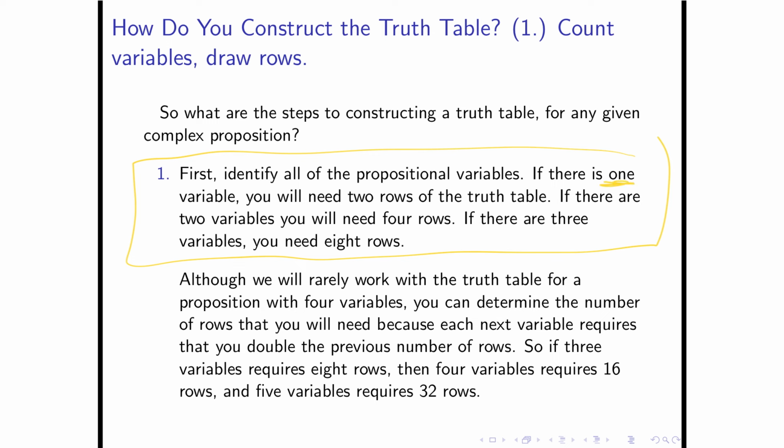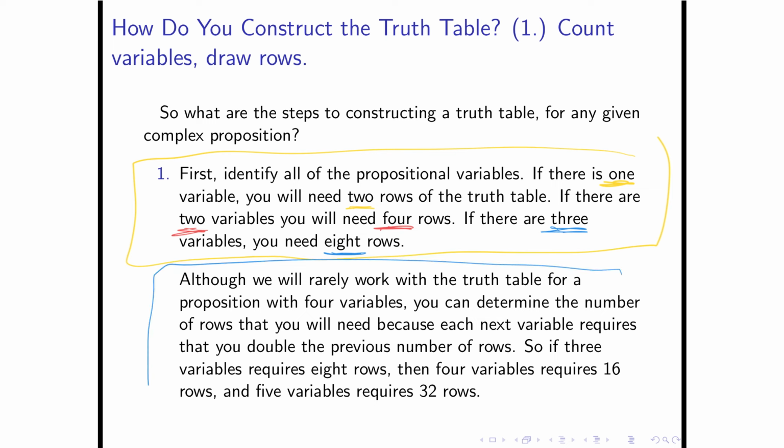If there is one variable, you need 2 rows. If there are 2 variables, you will need 4 rows. If there are 3 variables, you will need 8 rows. The pattern here is that it doubles every time.